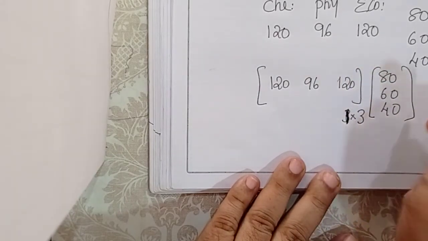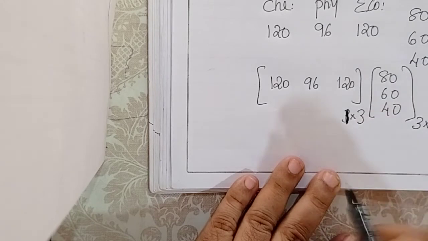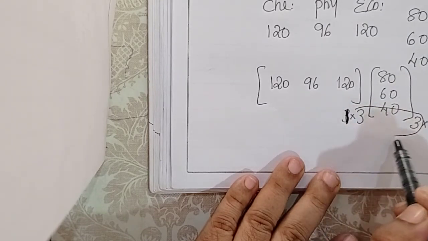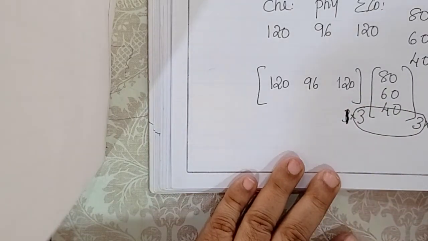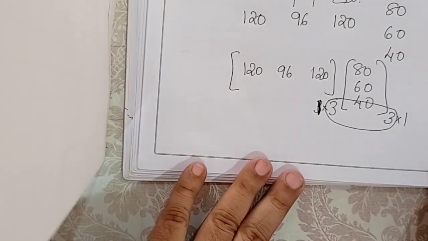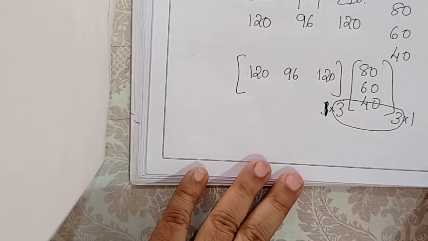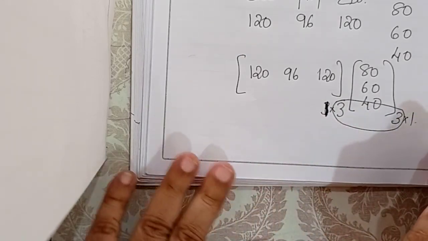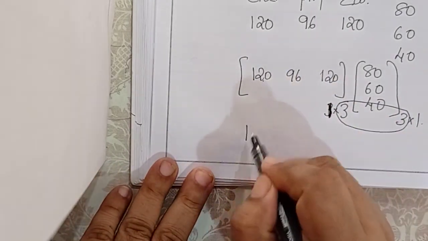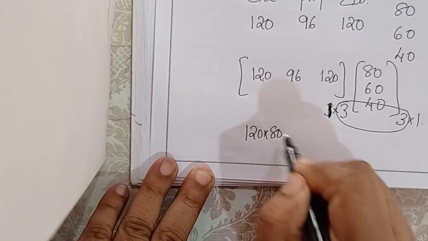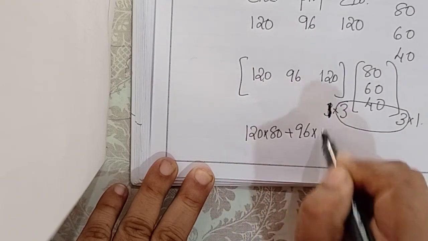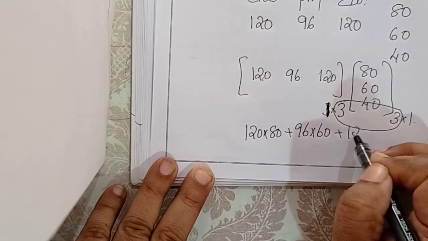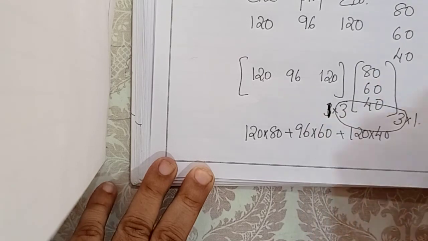The second one, 3 rows and 1 column. If the inner elements are the same, then only we can multiply, and the answer is a 1 by 1. Therefore, 120 into 80 plus 96 into 60 plus 120 into 40.